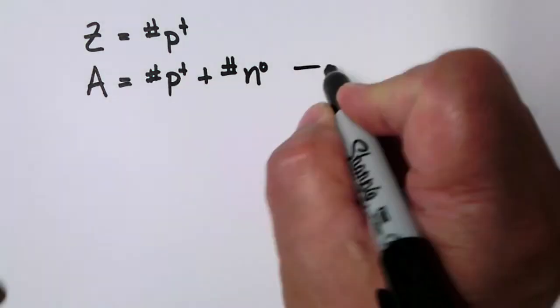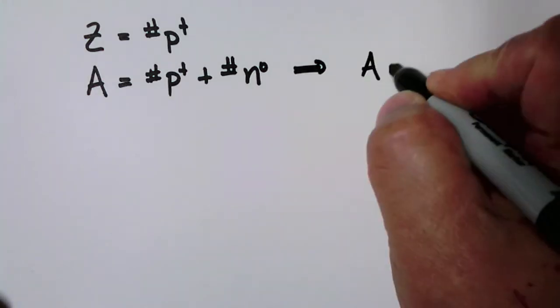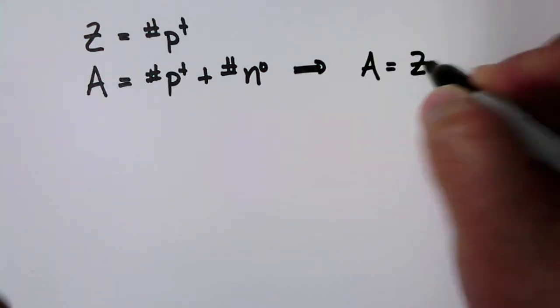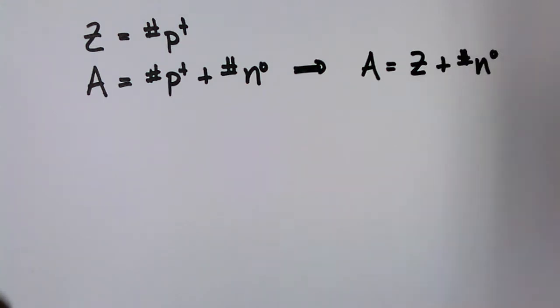So those together imply that A, the mass number, is equal to Z, the atomic number, plus the number of neutrons.